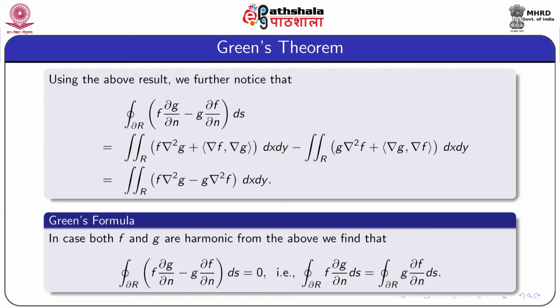Now, we state Green's formula. In case both f and g are harmonic, that is nabla squared f and nabla squared g are 0, from the above we find that the integral over ∂R of (f ∂g/∂n minus g ∂f/∂n) ds equals 0. This result is known as Green's formula.